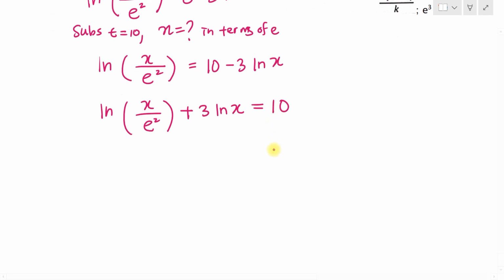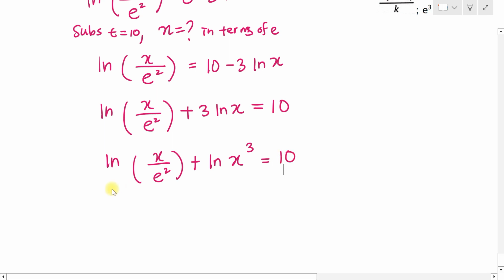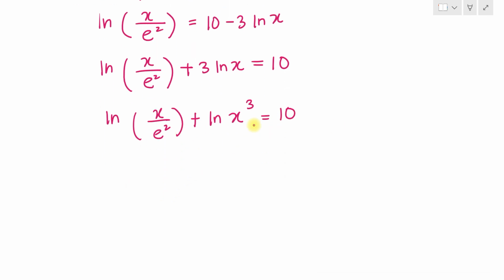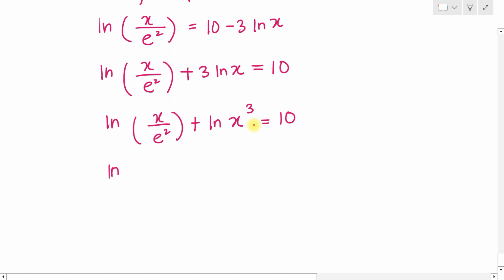Then ln x over e square, the 3 we bring up again, ln x cube equal to 10. If ln is added, we can make it as a multiplication using law of logarithm. x multiply x cube over e square equals to 10.